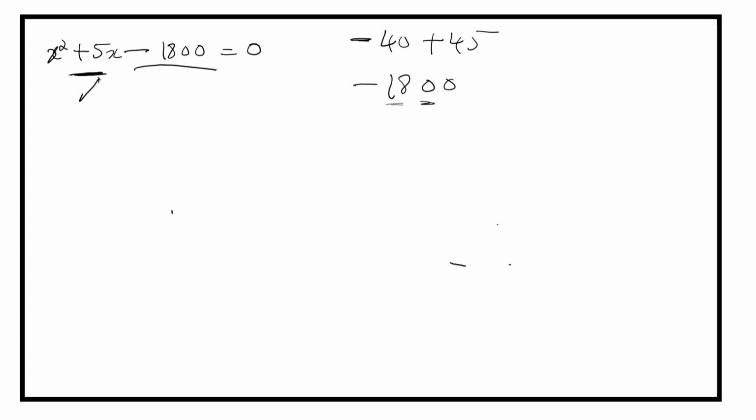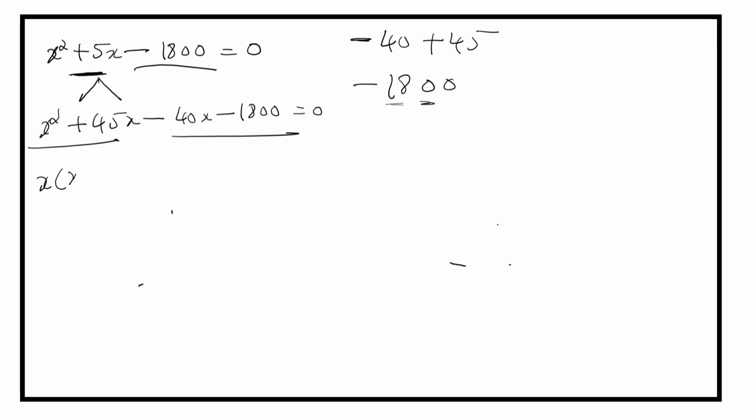We can write plus 5x as plus 45x minus 40x. Now let us write x square plus 45x minus 40x minus 1800 is equal to 0. Here group, x is common, x plus 45.